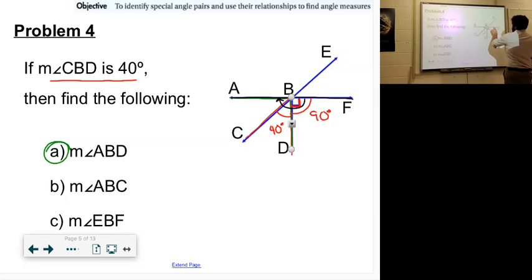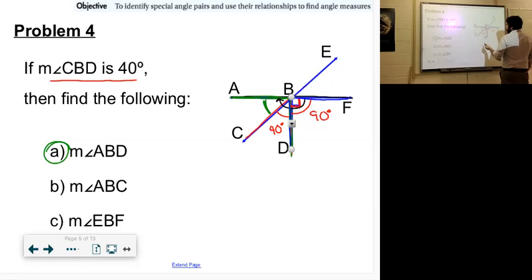Okay, so a little bit of logic. If I have my 90-degree angle right here, and then I have a straight angle, and with that straight angle, I also have this little angle here of 40 degrees, and then this unknown angle right here as well, then I can say that this angle right here, ABD, measures 90 degrees because ABD and DBF, right here, they're adjacent.